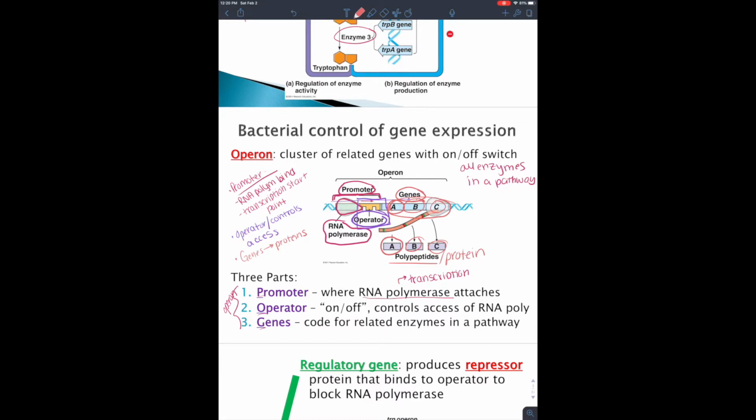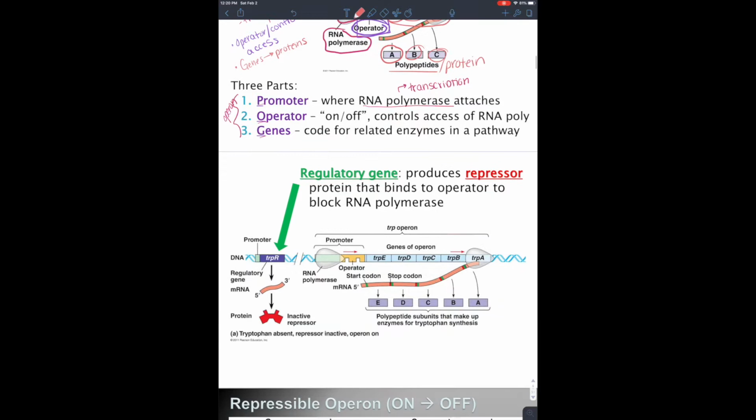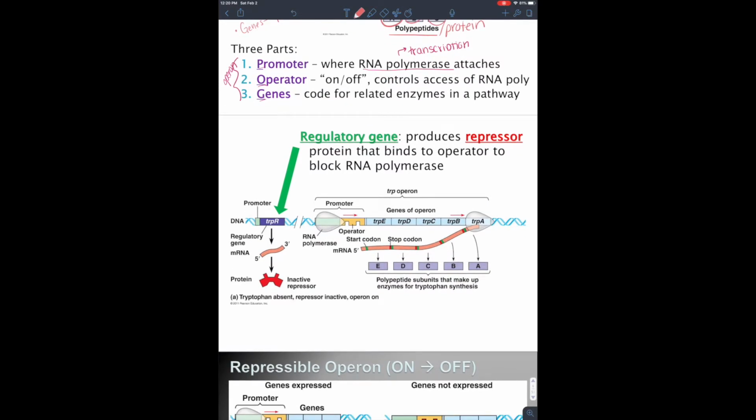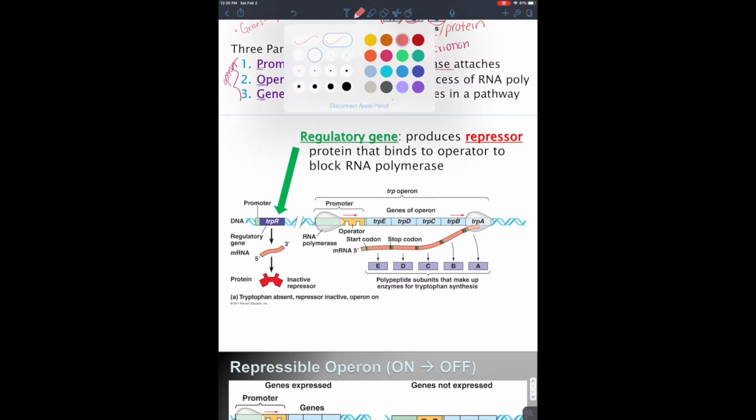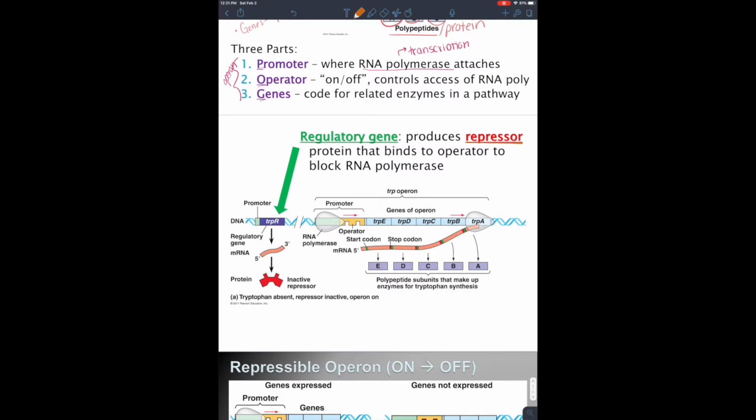Now let's talk about the different types of genes that can be experienced. We have regulatory genes. Regulatory genes produce repressor proteins. So when I say I'm going to repress something, I'm going to stop it, or I'm going to lessen the thing that it does.